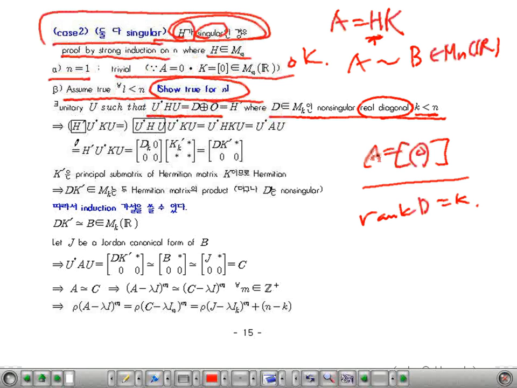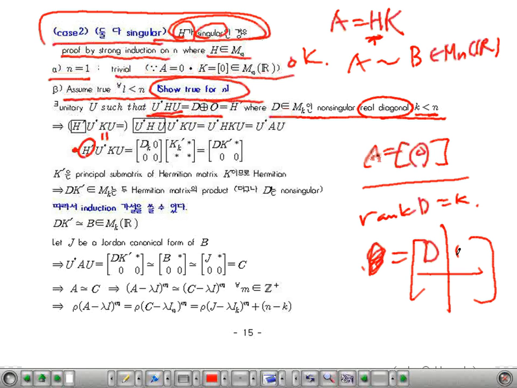Okay, now we start. The matrix D is a matrix like this, and U star H U is D and zeros, and the zero matrix like this.